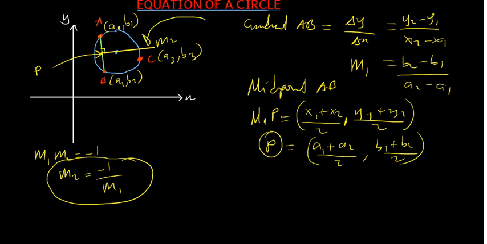Now we know this gradient, and of course we know the coordinate. The coordinate is here, we've already found it. So if that is a coordinate, and we know the gradient, we are able to determine the equation. We know that y is equal to mx plus c. So the y value here is this one, and the gradient is this one which we have determined, m2.